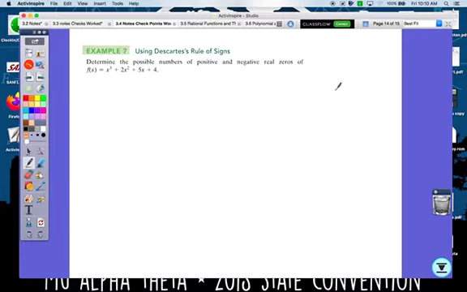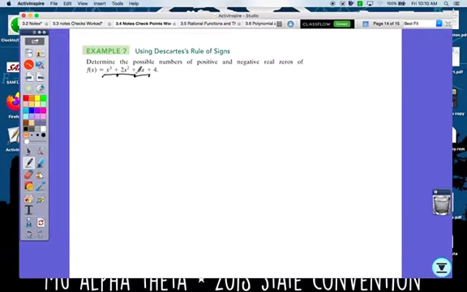So let's do our problem here. If we look at this one, we have positive x to the third. It stays positive. It stays positive. And it stays positive.